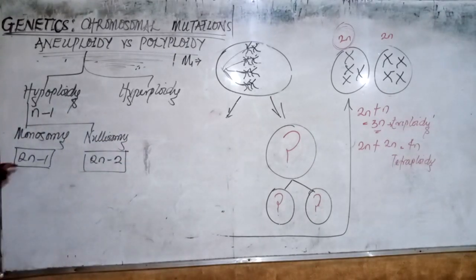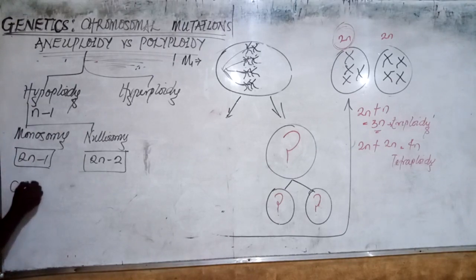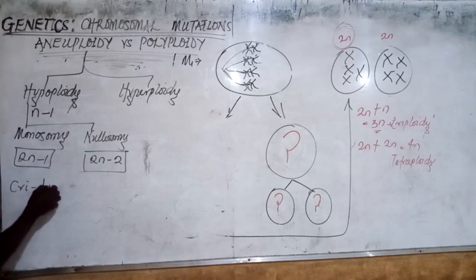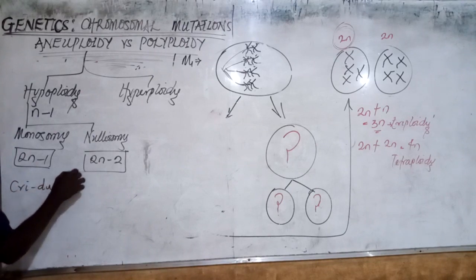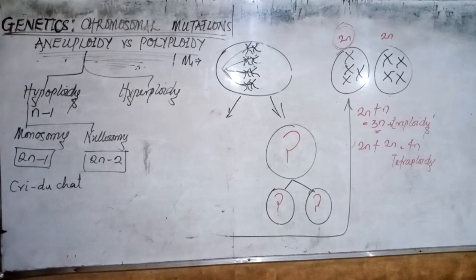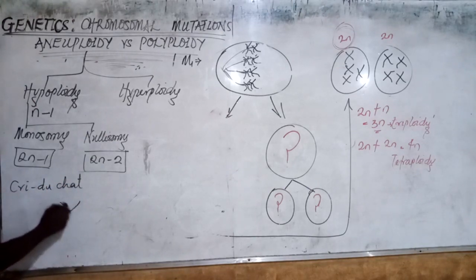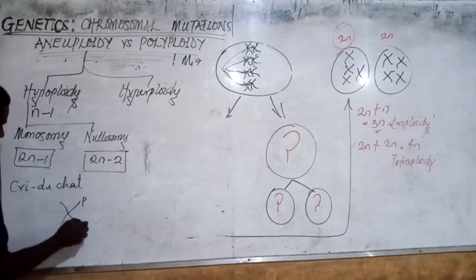Alright. We also have in humans a typical example of this monosomy, which is when there is a deletion. An example is the Cri-du-Chat syndrome, where there is a deletion. You remember when we discussed chromosomes, we talked about the P-arm and the Q-arm.